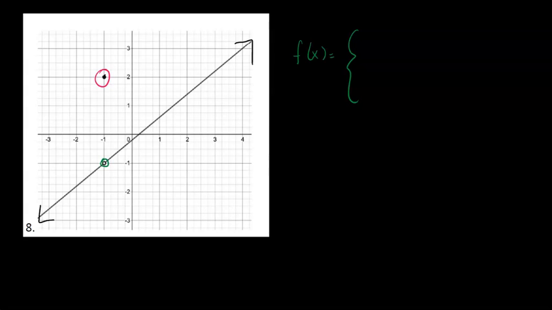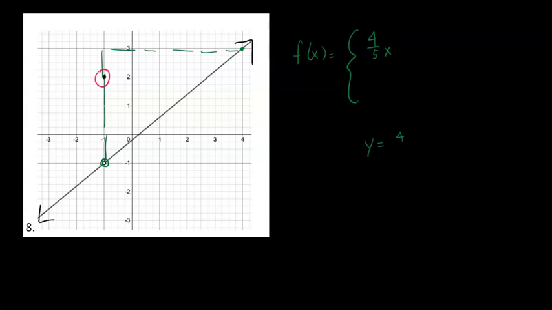I see a good point there. I really don't. Oh, I see one right here. Okay. Up 1, 2, 3, 4. To the right 1, 2, 4, 5. 4/5 x.